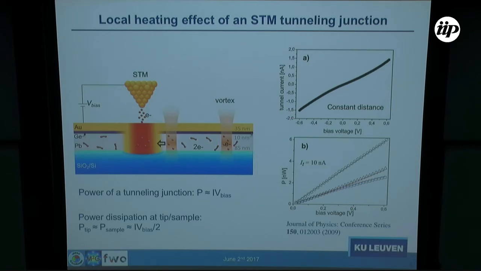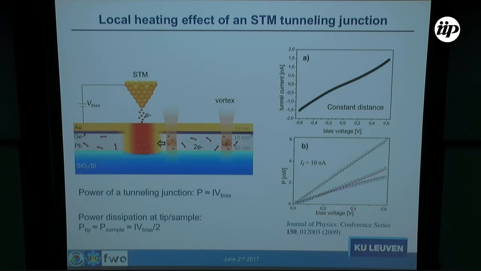At a constant height between the STM tip and the sample, the tunneling current is almost proportional to the bias voltage. So if you keep the tunneling current constant, then the power of this tunneling junction is proportional to the bias voltage. So we can control the power of this tunneling junction by tuning the bias voltage.